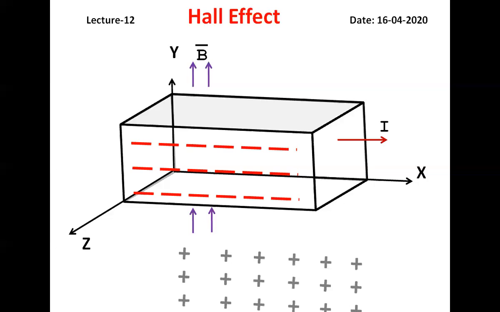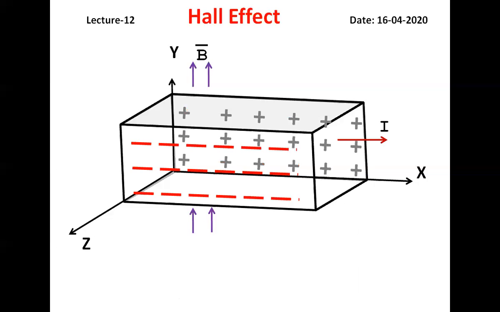Now we can assume that the positively charged particles are accumulated on the rear face of the semiconductor block. That means we have created a separation of positive and negative charges in the presence of a magnetic field.